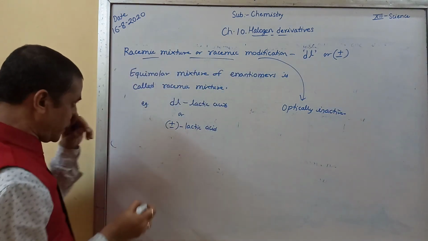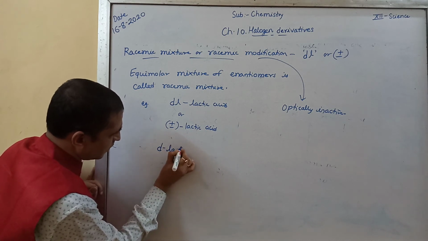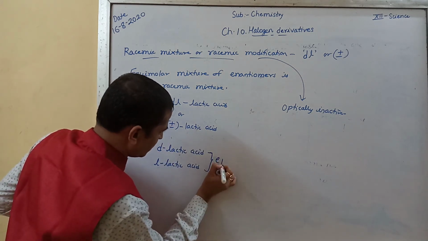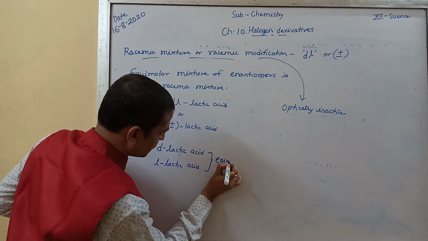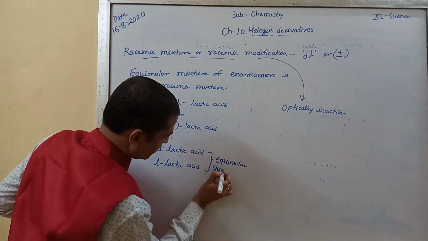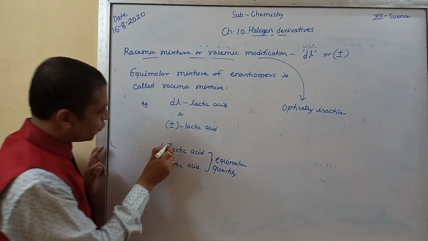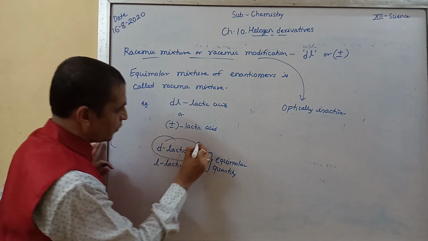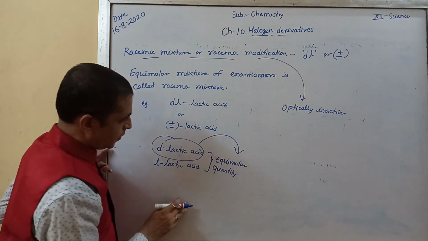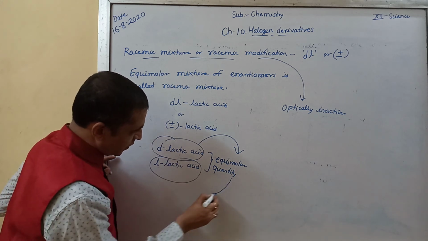First of all, if you consider D lactic acid and L lactic acid in equal quantity, then the rotation caused by D lactic acid is what? Clockwise, but the rotation caused by L lactic acid is what?